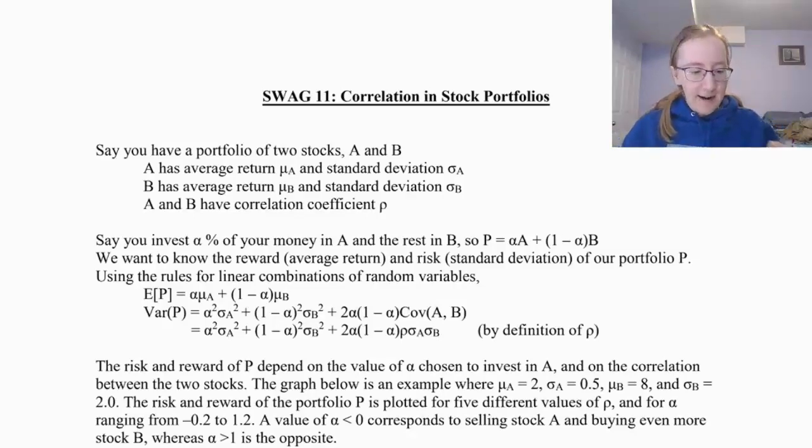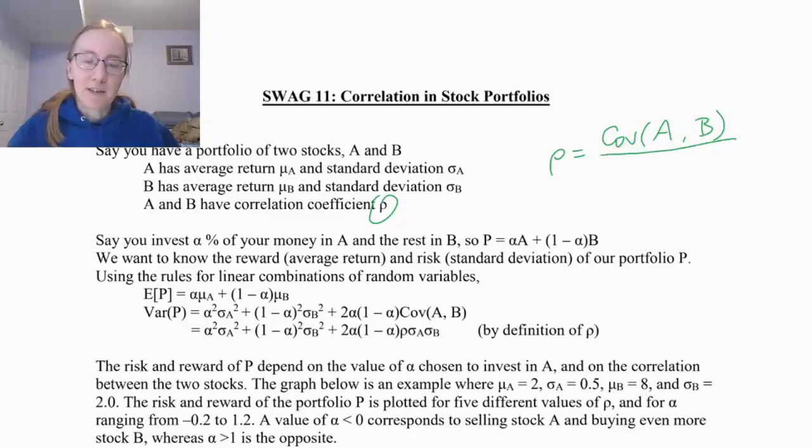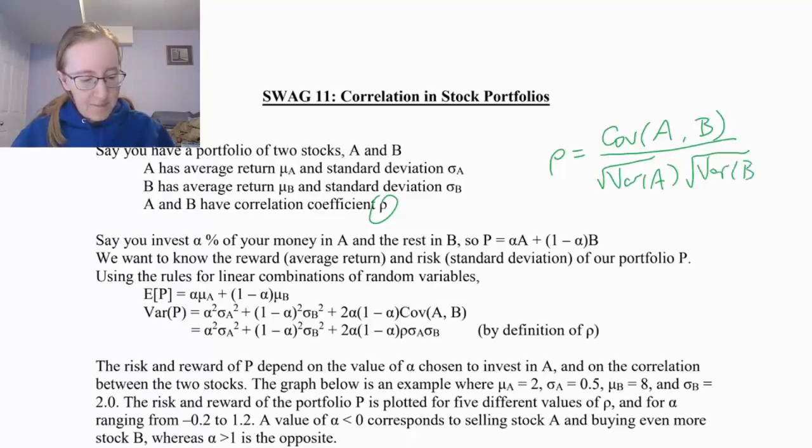We also need to care about the correlation between the 2 stocks. That's going to be our correlation rho. Remember, the definition of correlation rho is the covariance between stock A and stock B divided by the standard deviations of each one of them, so the square root of the variance of A and the square root of the variance of B. The reason that correlation is more useful than covariance is that it's bounded between -1 and 1.